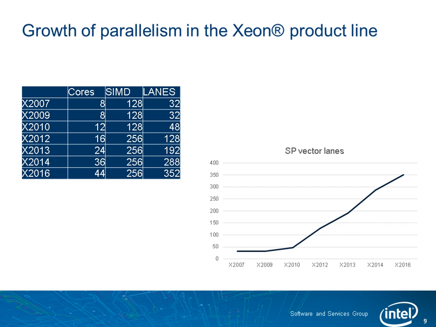The SIMD widths of SSE as well as SSE2 and SSE3 and SSE4, all of them are 128 bits, which means if you look at single precision calculation, you divide it by 32 and you get 4 lanes in a core, and then all I've done here is I multiplied that by the number of cores, and it ends up to be 32 vector lanes in the whole server.